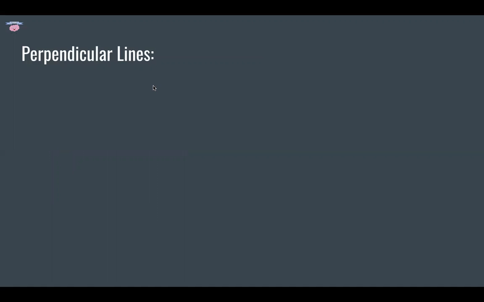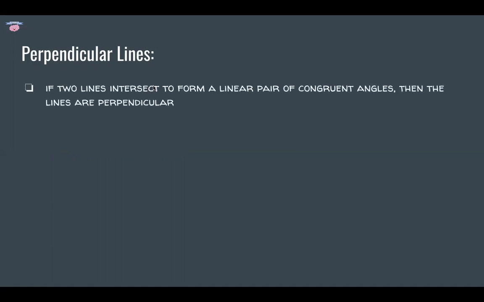So now we finally get into perpendicular lines. Some important things to know about perpendicular lines. If two lines intersect to form a linear pair of congruent angles, then the lines are perpendicular. So keywords: linear pair, congruent angles. We know that a linear pair is when two lines intersect, you get this and this.